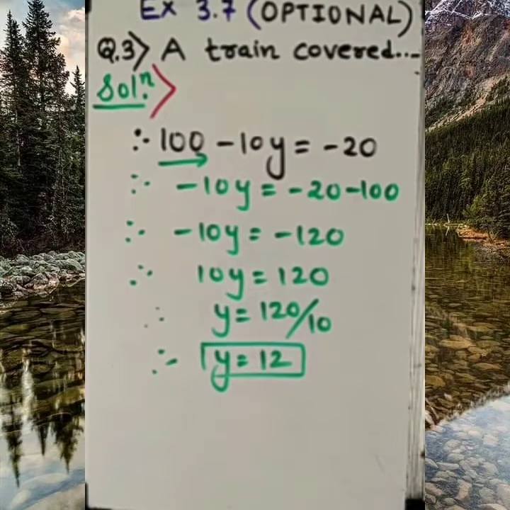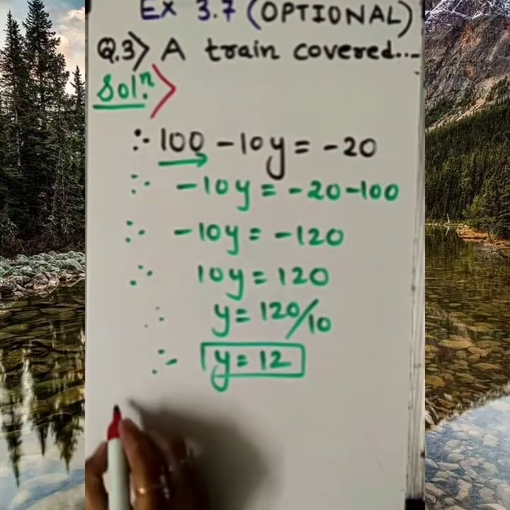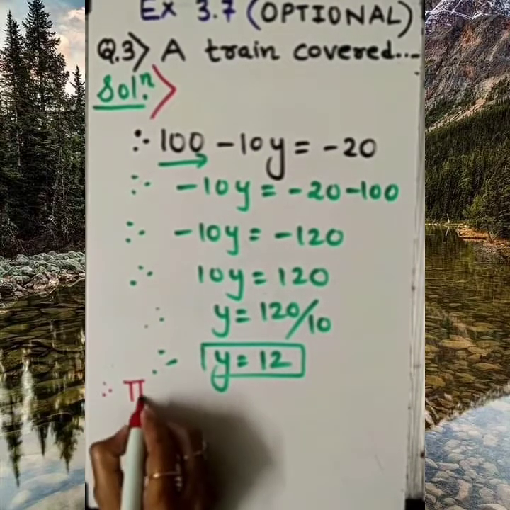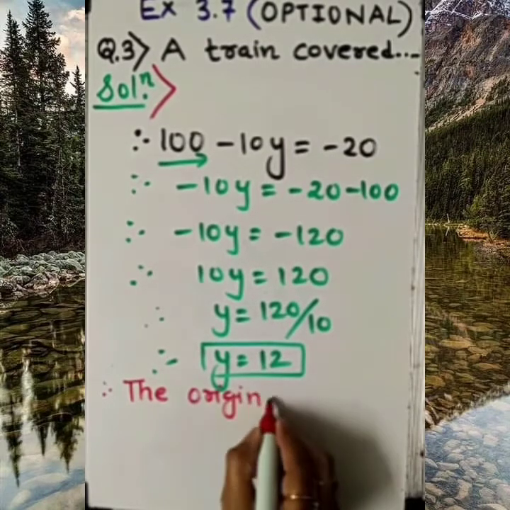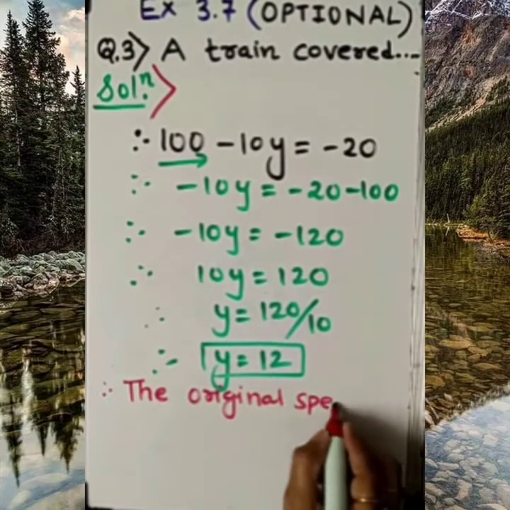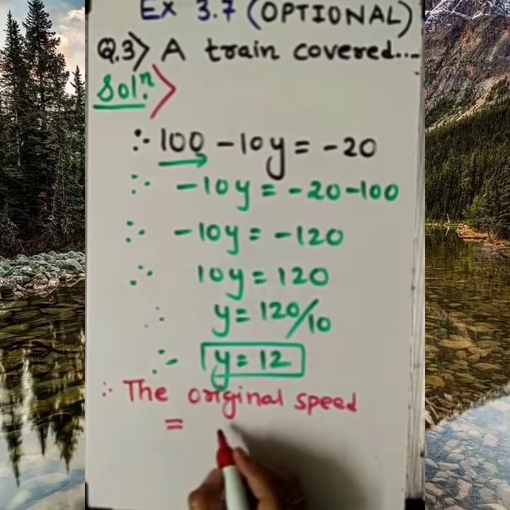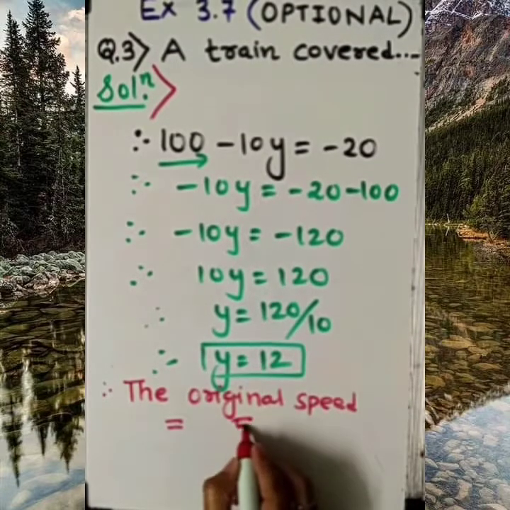Fine. So dear student, this much is not enough. We need to mention the answer in statement form, because, as we were given in the beginning, we must find the original speed of the train. Therefore the original speed will be 50 km per hour.